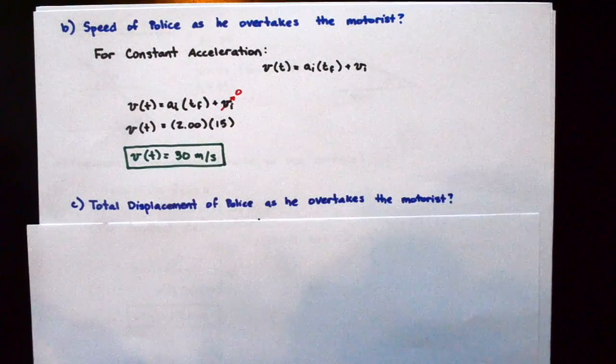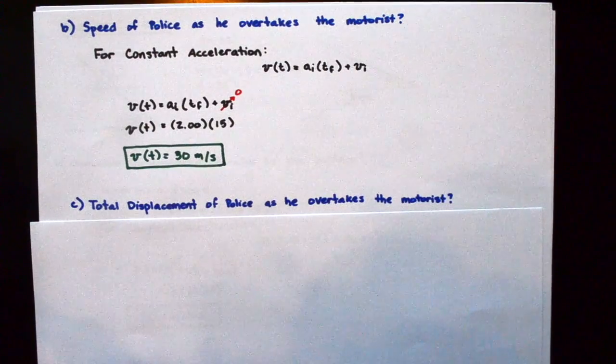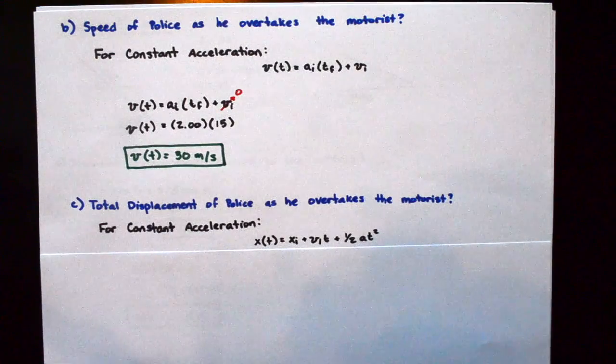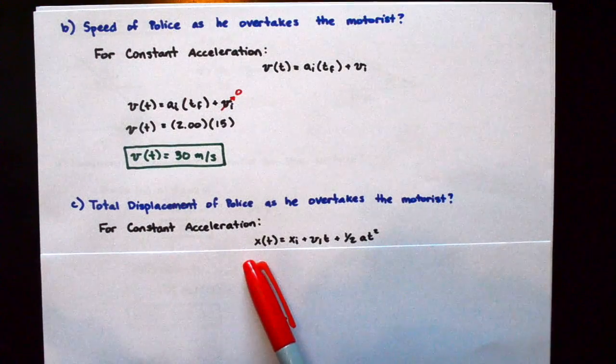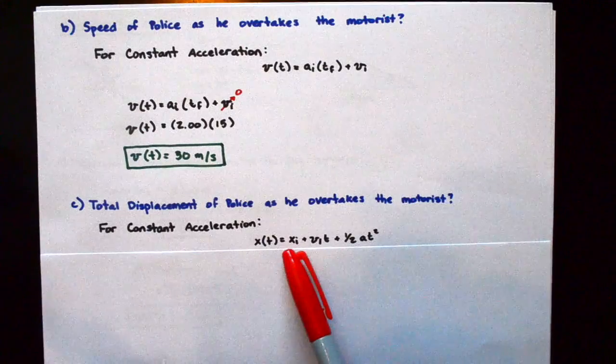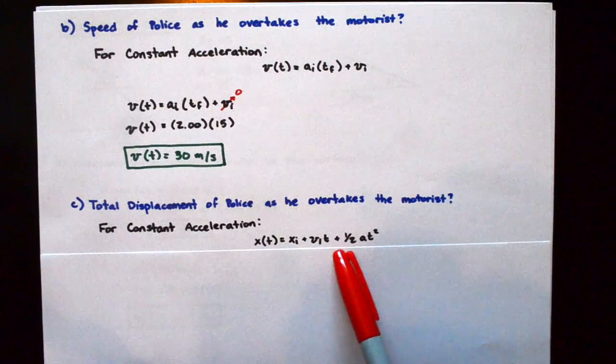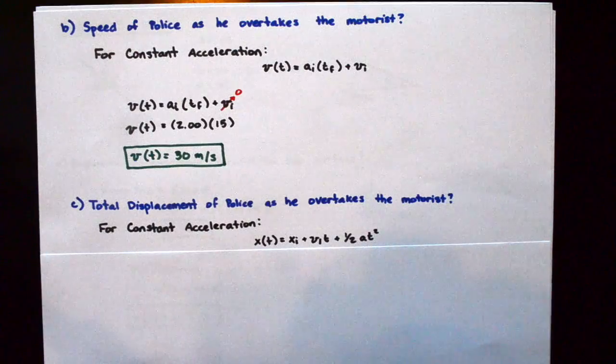For part C, we are looking for the total displacement of the police as he overtakes the motorist. Now for constant acceleration, just like we had mentioned earlier, to find the position at a certain time, it equals the initial position plus the initial velocity times time plus 1/2 the acceleration times time squared.